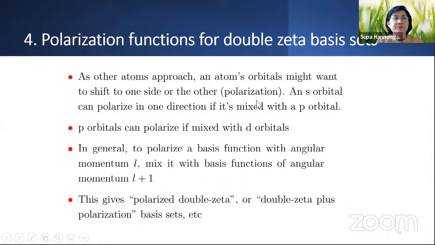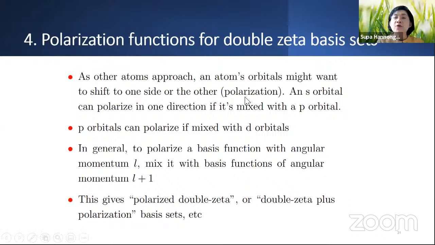You may remember in a water molecule, we have oxygen and 2 hydrogen atoms. The electron is not located only at the center of the oxygen nucleus, but sometimes it can interact and go into the whole molecule. Sometimes we need orbitals that allow electrons to go out from their valence shell.